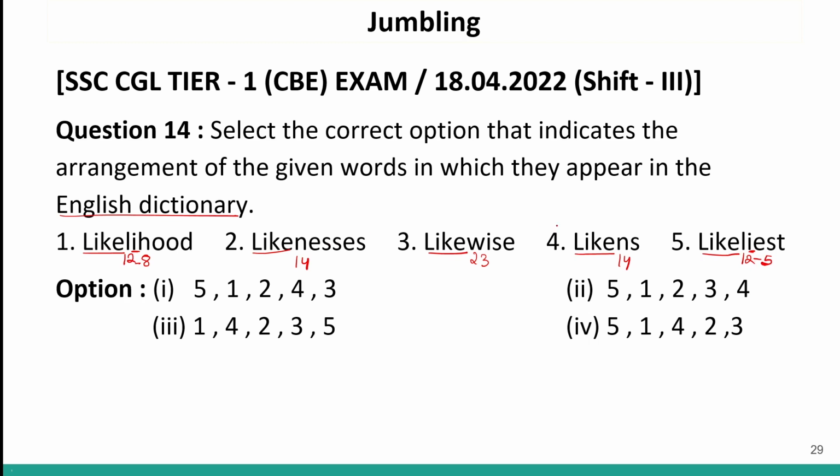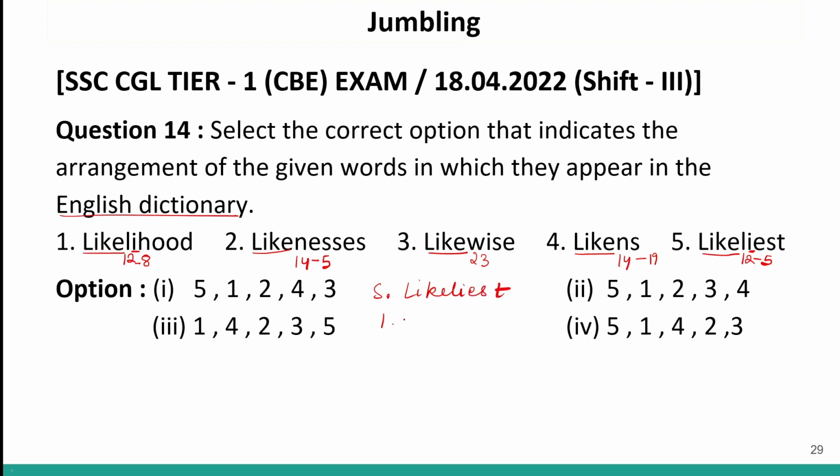Now, between likeliness and likens, I can see after N, we have E over here, which is 5. And after N, we have S over here, which is 19.